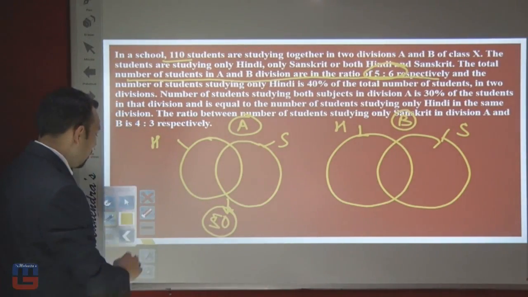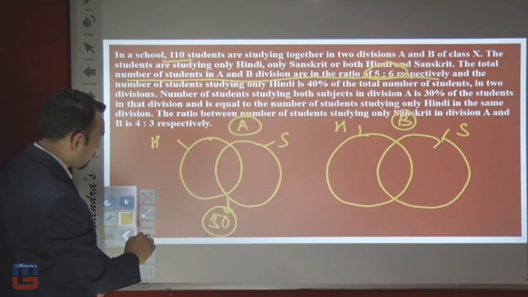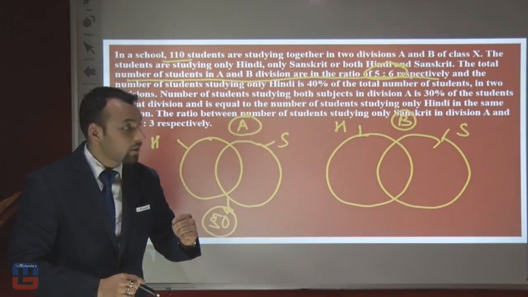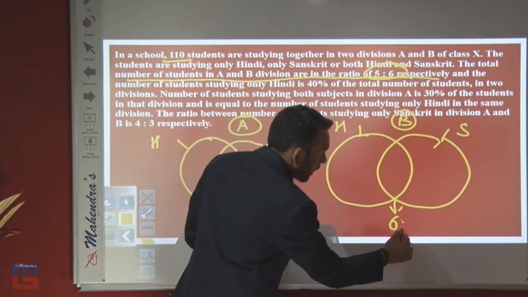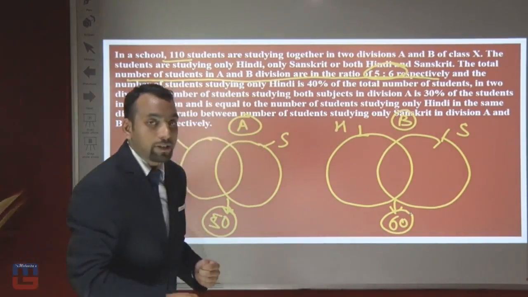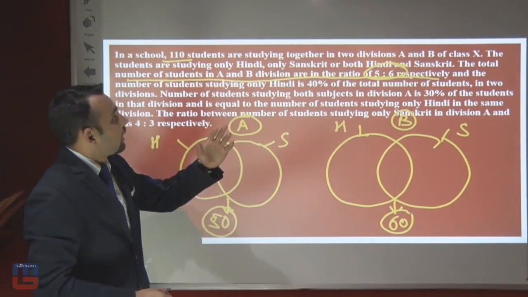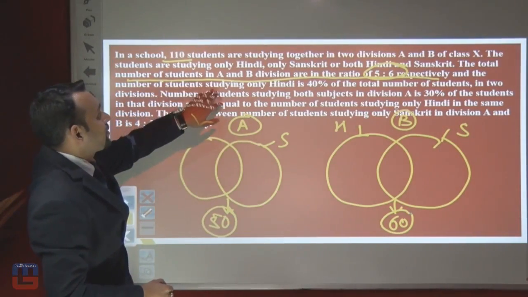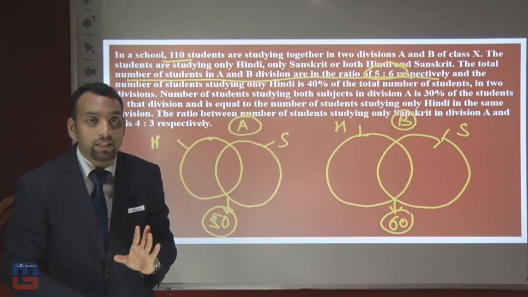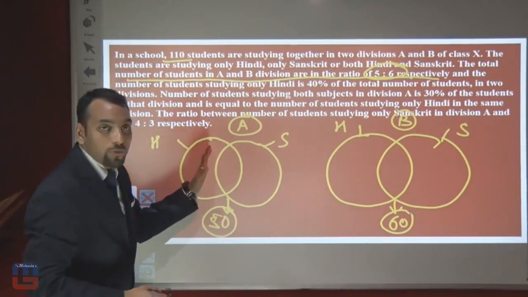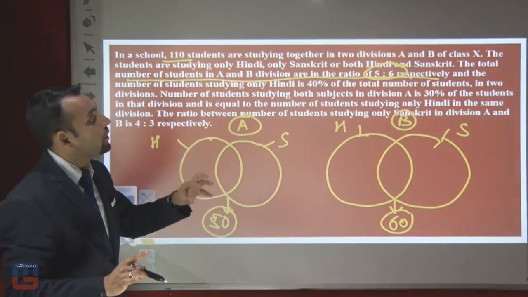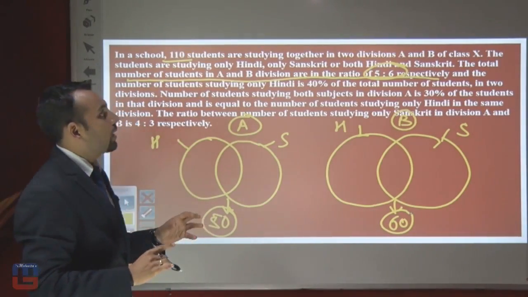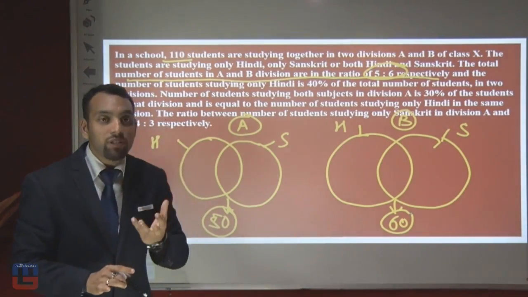Alright, now this division A has 50 students. Now see, in the same way this division B has 60 students, right? Now see, number of students studying only Hindi, this is the portion of only Hindi, is 40% of the total number of students in two divisions.